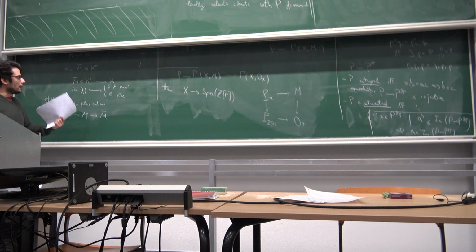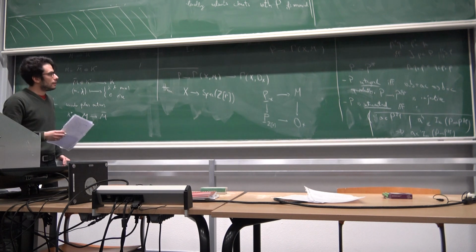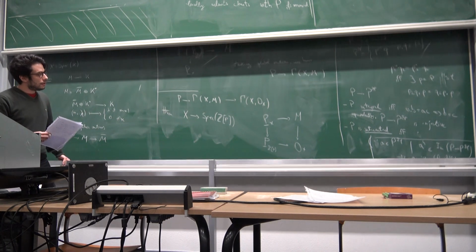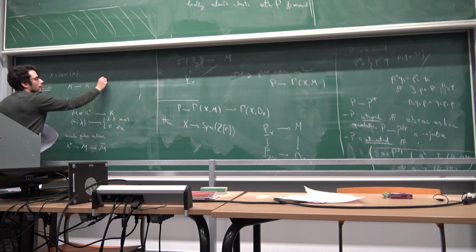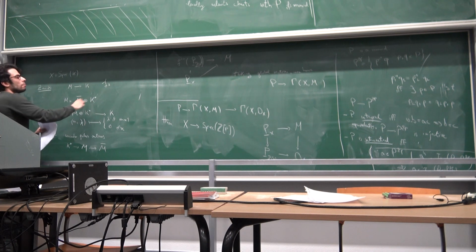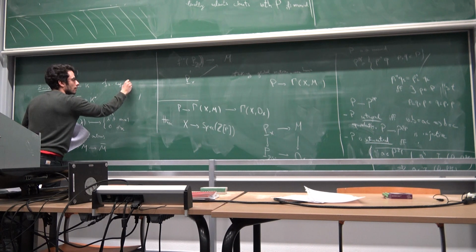So étale log structures are more complicated than Zariski ones. To get this splitting, I'm assuming that it is an FS log structure.